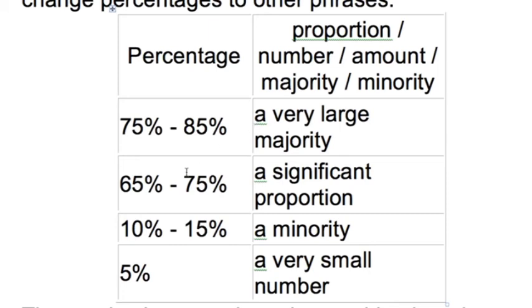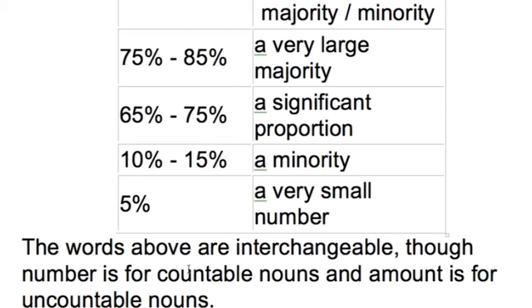A very large majority, a significant proportion. When it is 10% to 15%, you can call it a minority, and when it is 5%, you can say a very small number.